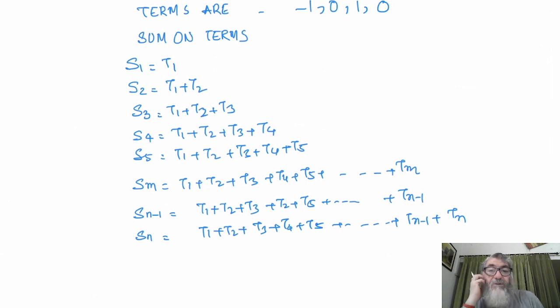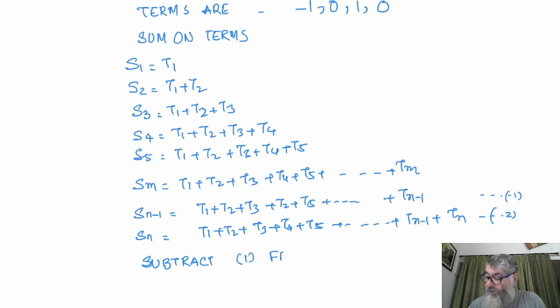Okay. Now the question is, if I subtract equation 1 from equation 2, what will I get? Sn minus Sn minus 1 on the left hand side.